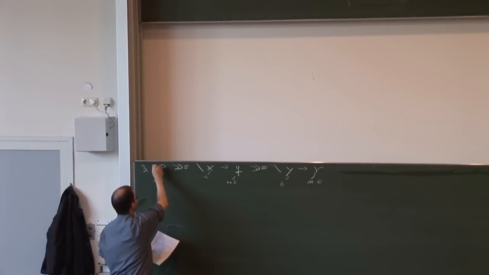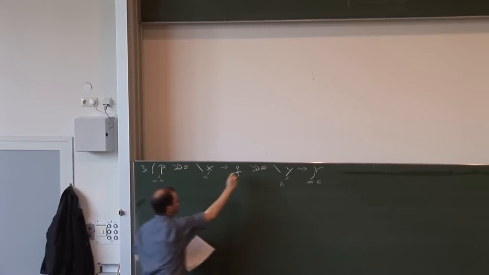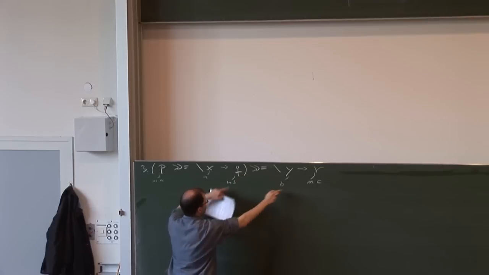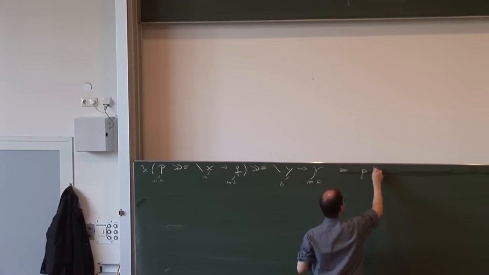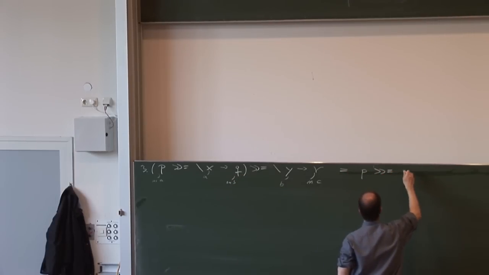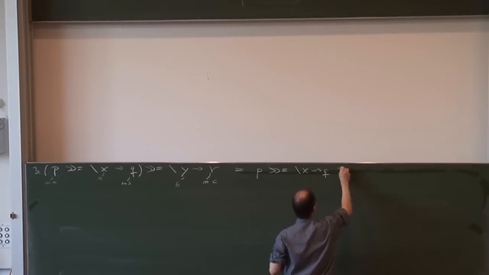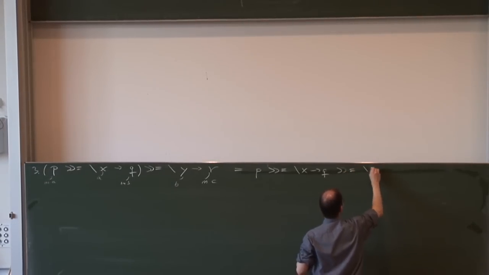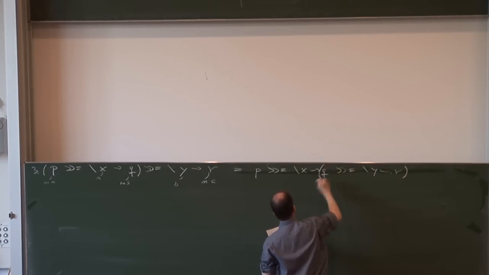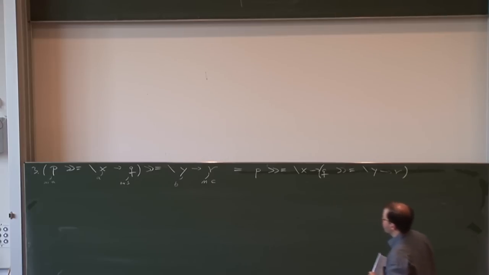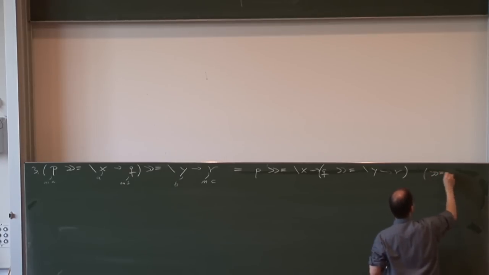So whether you put the brackets here or whether you put them there is the same. So I write it down again, same statement, but now I put the brackets differently. This is the same statement as before. The only difference is that now I put the brackets around here. And this is the same. So in other words, bind is associative.